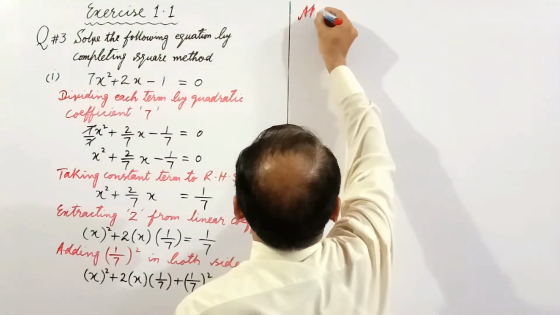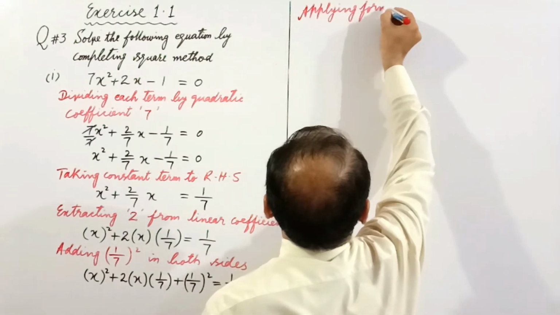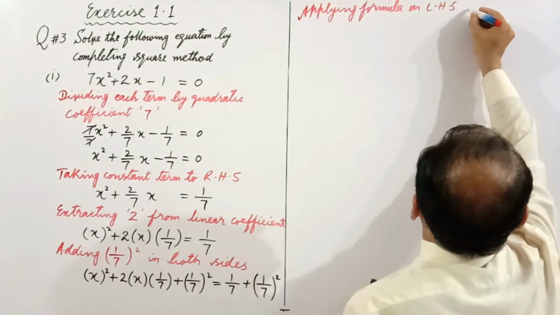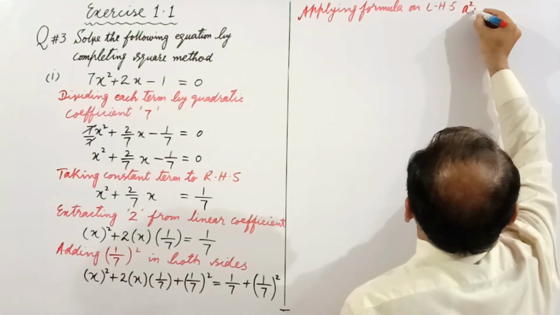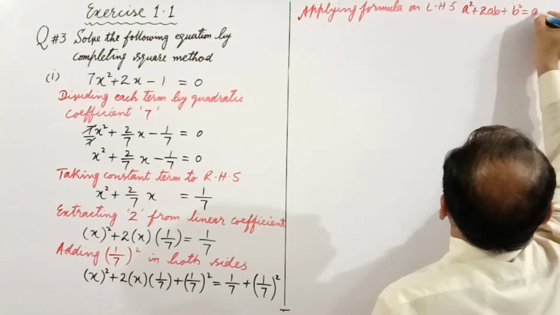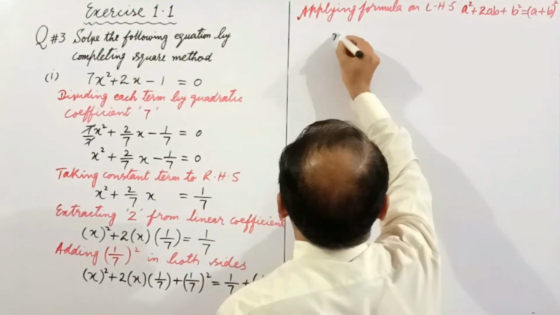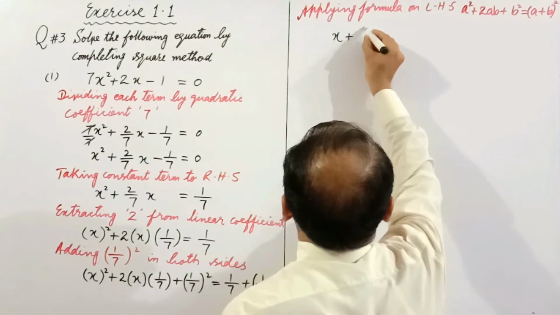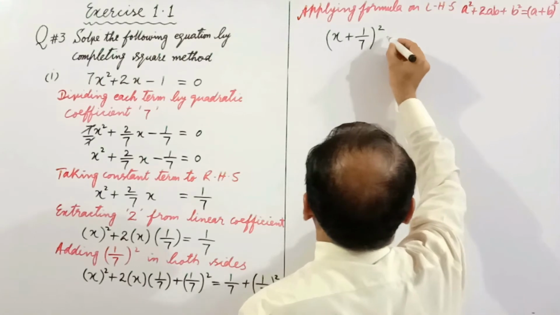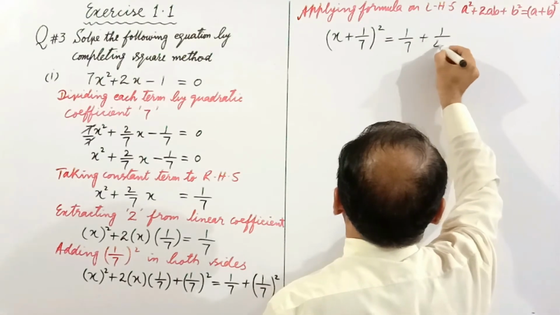Applying the formula on the left hand side, a square plus 2ab plus b square is equal to a plus b whole square. x plus 1 over 7 whole square is equal to 1 over 7 plus 1 over 49.